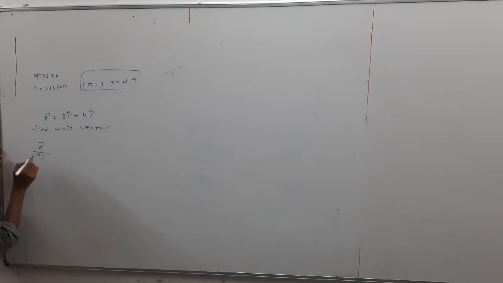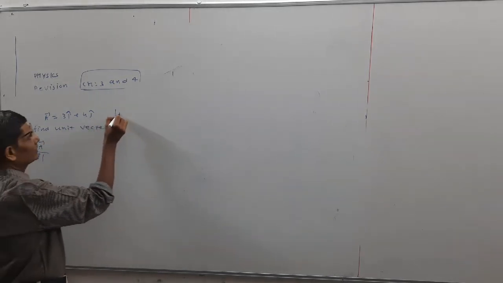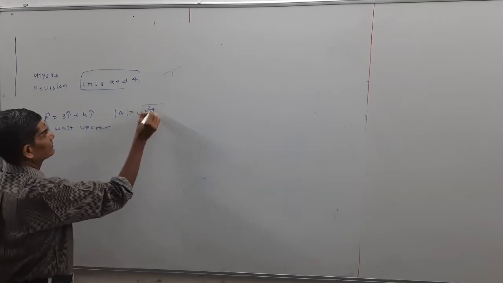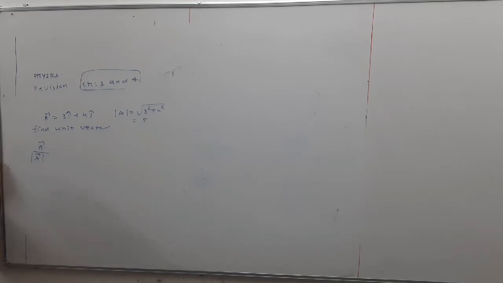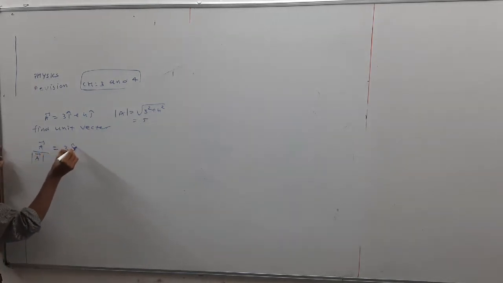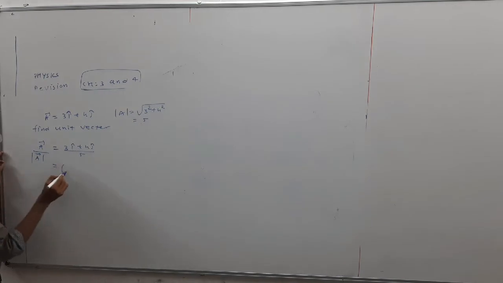Dividing the vector by its magnitude we get a unit vector. The magnitude of vector A that we obtain is 5. So 3i plus 4j upon 5 will be the unit vector of A.